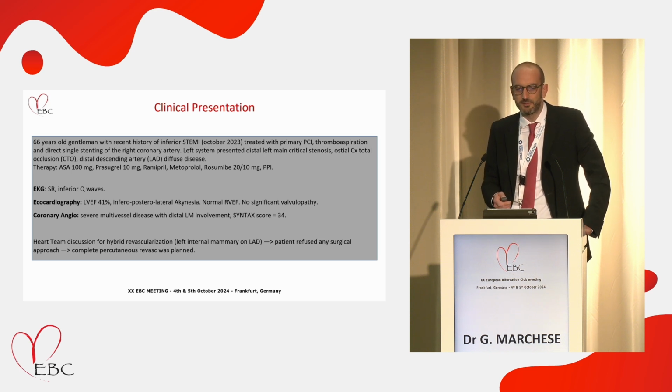With quite standard therapy, especially dual antiplatelet therapy with prasugrel, and an echocardiography with moderate LV dysfunction, with inferoposterolateral akinesia, and for the rest a normal exam. And we calculated the SYNTAX score. It was 34. As per guidelines, we wanted to discuss this case with the cardiac surgeon, but the patient categorically refused any surgical option, so we planned and aimed for complete percutaneous revascularization.